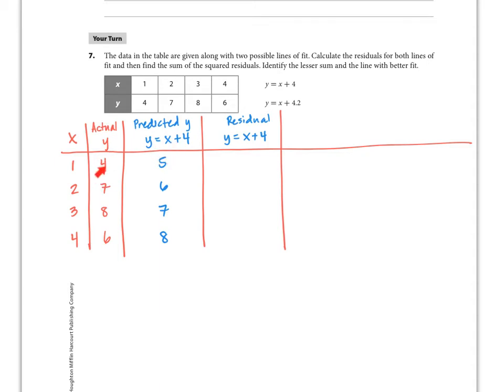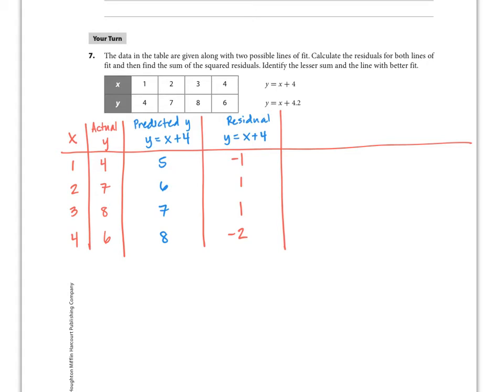If they were on the line, these would match, right? And they don't perfectly match. So sometimes they will match, some points will, but not all of them. So I'm going to do 4 minus 5 for the first one, which is -1. I'm going to do 7 minus 6, then 8 minus 7, and 6 minus 8. Okay, remember I'm doing actual minus predicted. Actual minus predicted.